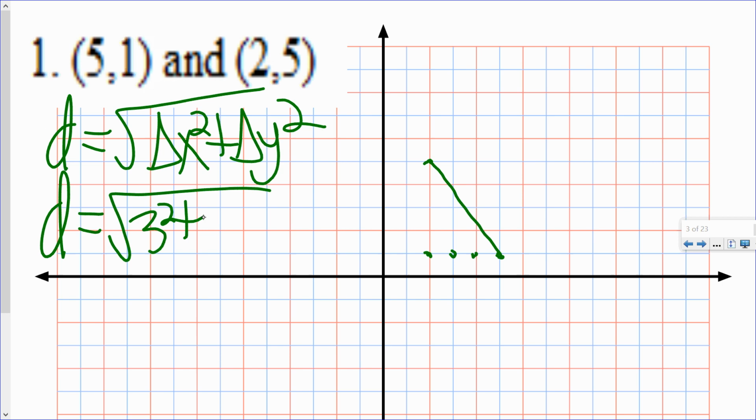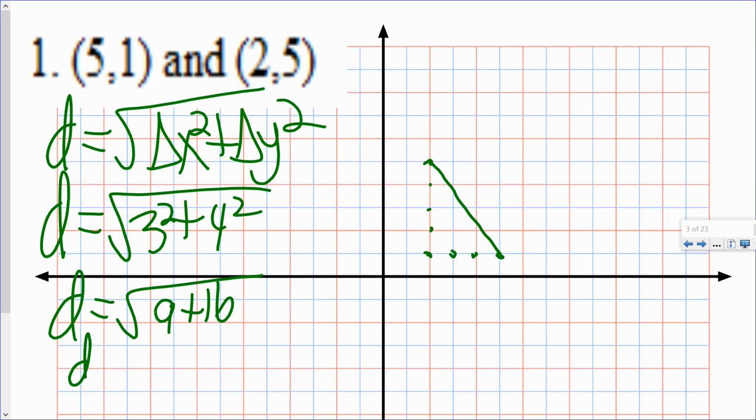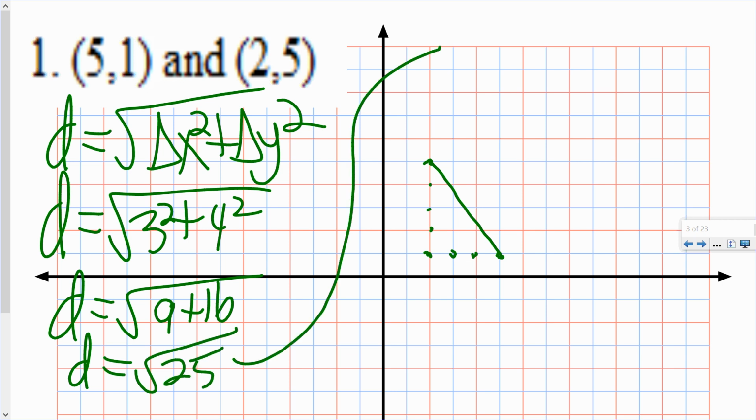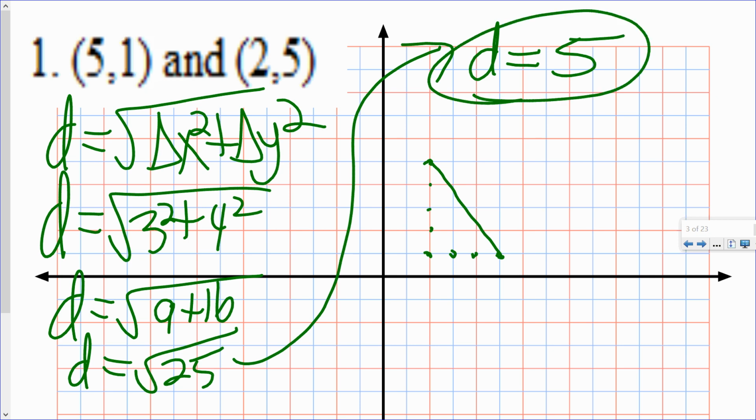Delta y is 1, 2, 3, 4. 3 squared is 9. 4 squared is 16, just like Pythagorean theorem. 9 plus 16 is 25. Now, if you can take the square root of it, take the square root of it. If not, leave it. That's not my objective of this lesson, is not to reduce radicals, but we'll keep it simple. If we can take the square root, we will. My distance will be 5.